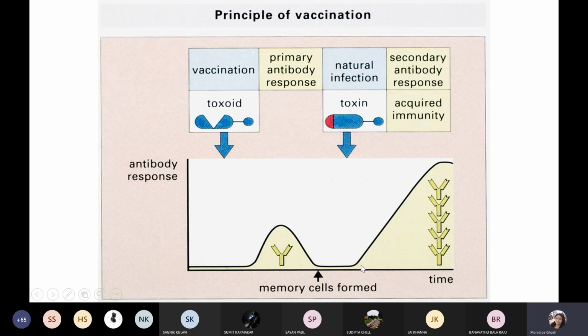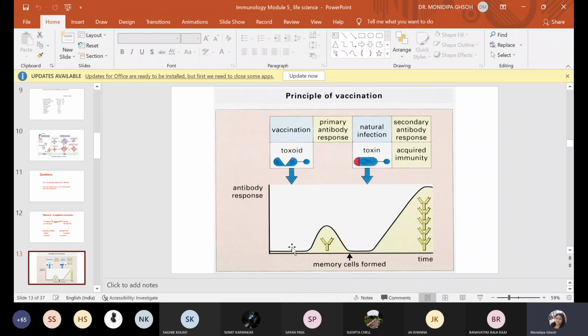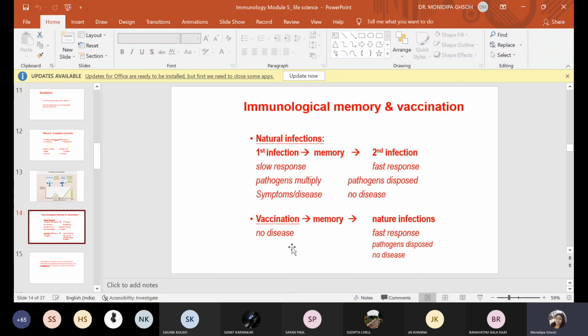Within 3-4 days, the antibody titer achieves its peak, and the peak height is also higher than the primary one. So this is the principle of vaccination, why the vaccine candidate is introduced and why secondary and tertiary booster doses are given, just to recapitulate the antigenic property.